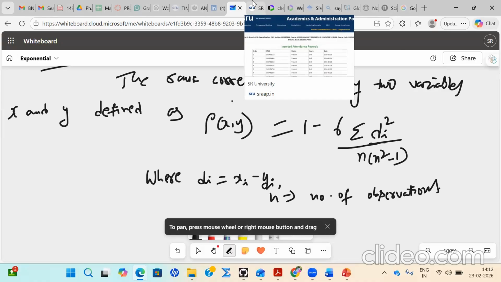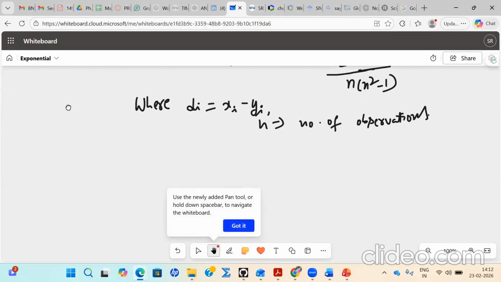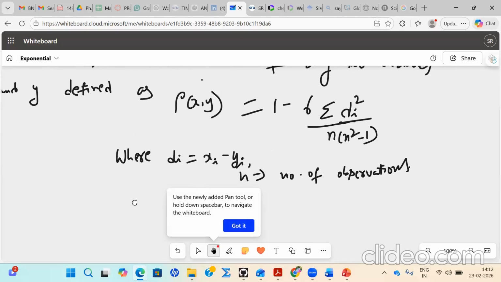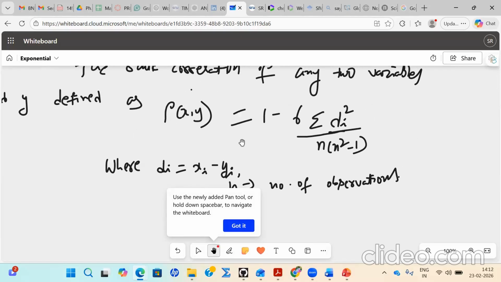Similarly, there is another formula. While giving the ranks, you may be getting different kinds of data, right? Sometimes what happens is, while giving the ranks, you get clashes. Where do you get clashes generally?